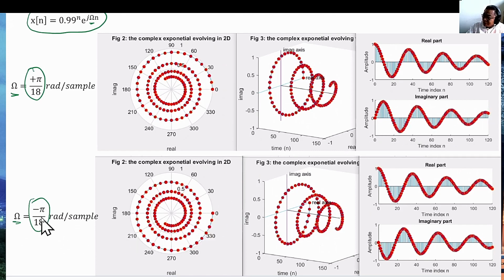However, at negative radian per sample, as time is increasing, we are actually plotting the inverted sine. And because of this inverted sine, the value of the dotted points are coming down, because this is the imaginary number. It's coming down here, and therefore this is a clockwise direction finally.